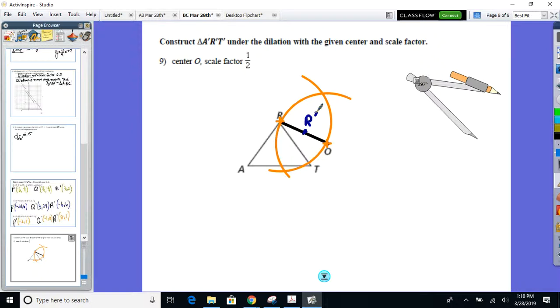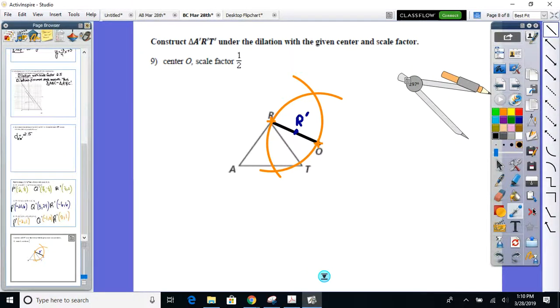So let's do that for T to O and A to O. Let's close the distance by 1/2. And then hopefully our result is a smaller triangle that's closer to O. And then I got a bonus question for you.